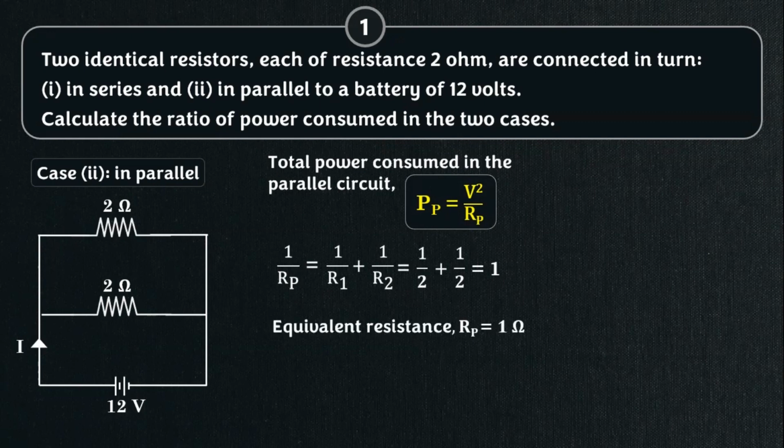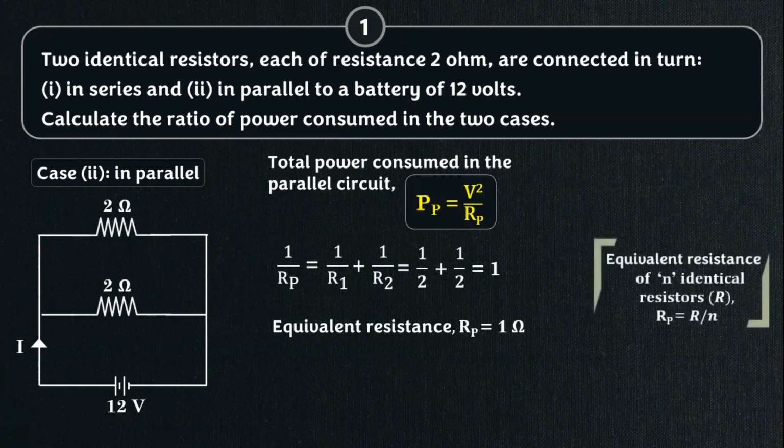We can also use the other formula, since these resistors are identical. If n identical resistors are connected in parallel, the equivalent resistance will be R divided by n, where R is the resistance of each identical resistor. Then also we will get the same value as 1 ohm.